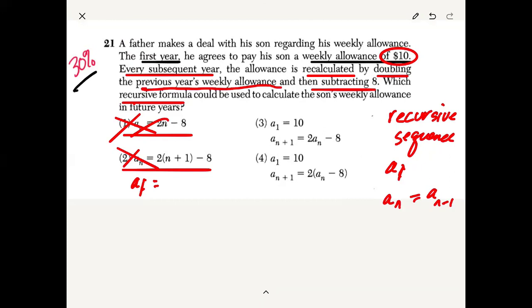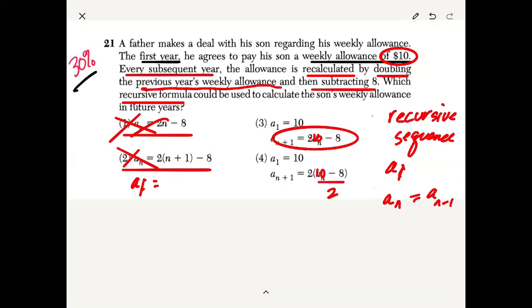So in this case, we're going to be putting in 10 here and we're going to be putting in 10 here. So we're going to double it and then we're going to subtract 8. This one is actually saying that. So it's going to be 2 times 10, which is 20. That's double. And then we're going to subtract 8. This one is saying subtract 8 from 10. So this would only be 2. And then we double that.